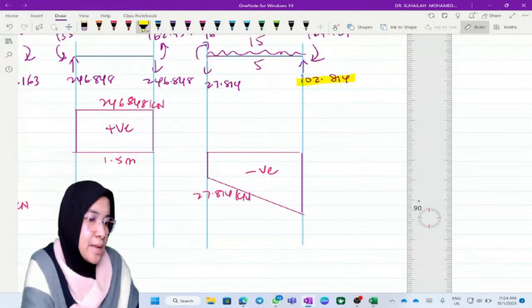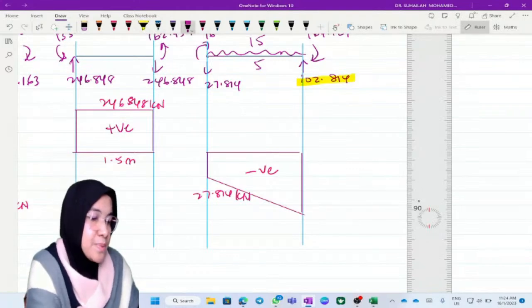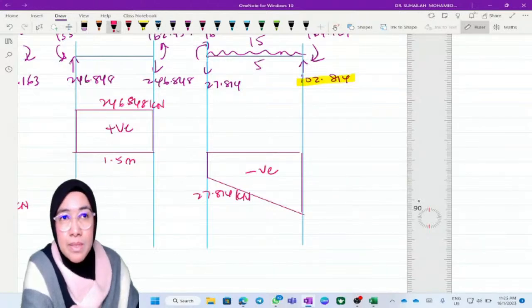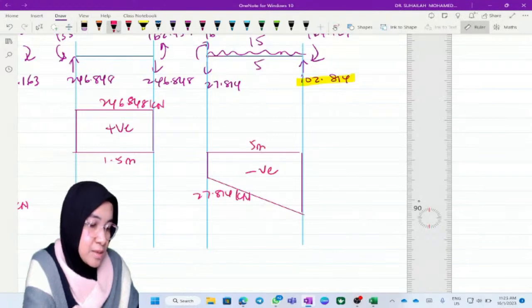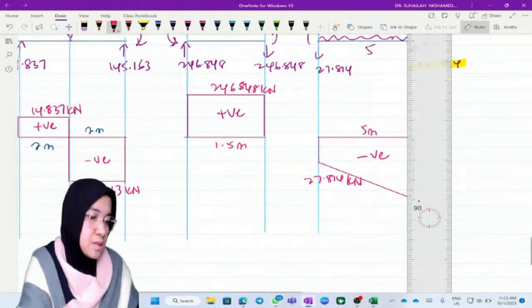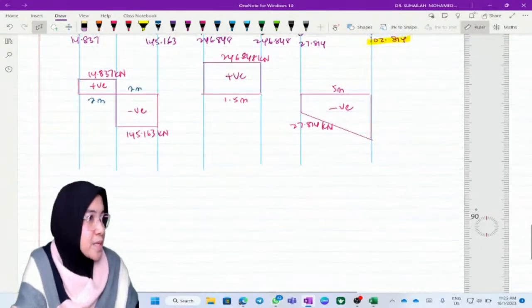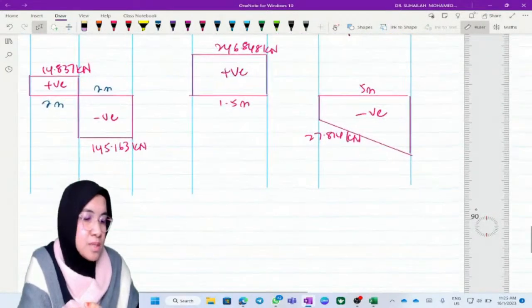Total length is 5. So this is trapezium. Once you get trapezium, means there is no maximum moment in CD. So this is 5 meter. This is the shear force diagram.